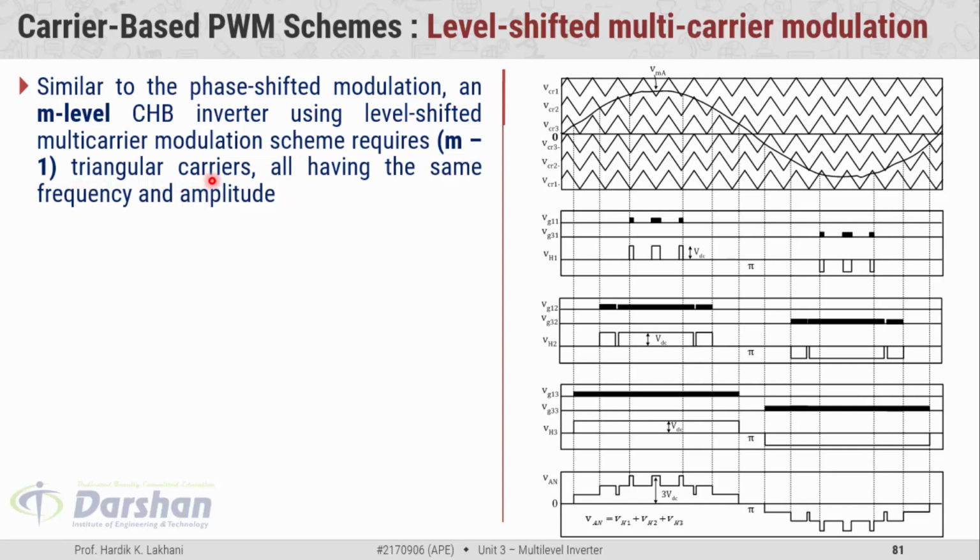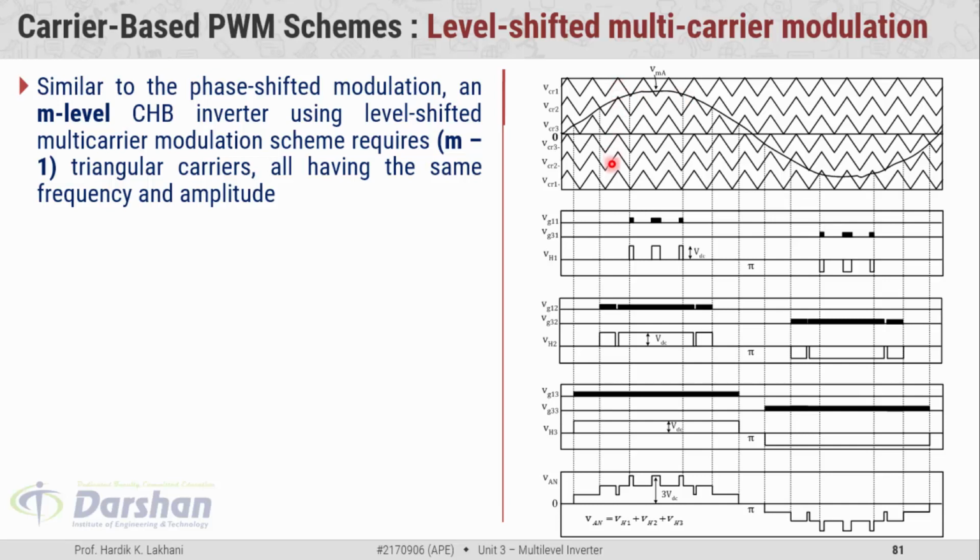Here also we need 6 carrier signals for 7-level CHB, and all of them must have the same frequency and amplitude. So the 6 carrier signals are VCR1, VCR2, VCR3 above the 0 reference, and VCR3 minus, VCR2 minus and VCR1 minus, 3 carrier signals below the 0 reference, and 1 modulating signal VMA.